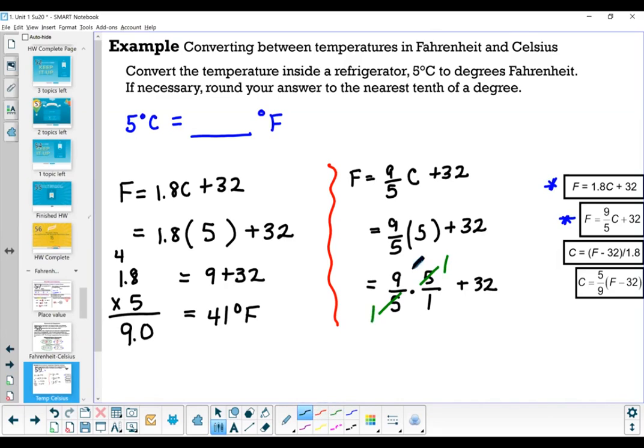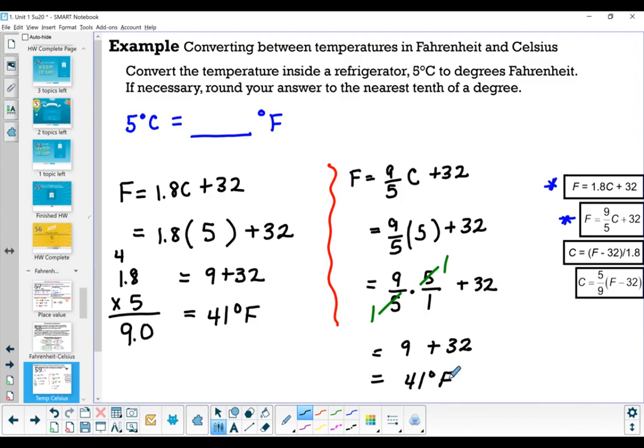So I'm left with doing 9 times 1, which is 9, divided by 1 times 1. 9/1 is just 9. And then plus 32. Okay, so we have 9 plus 32, which again is just 41.